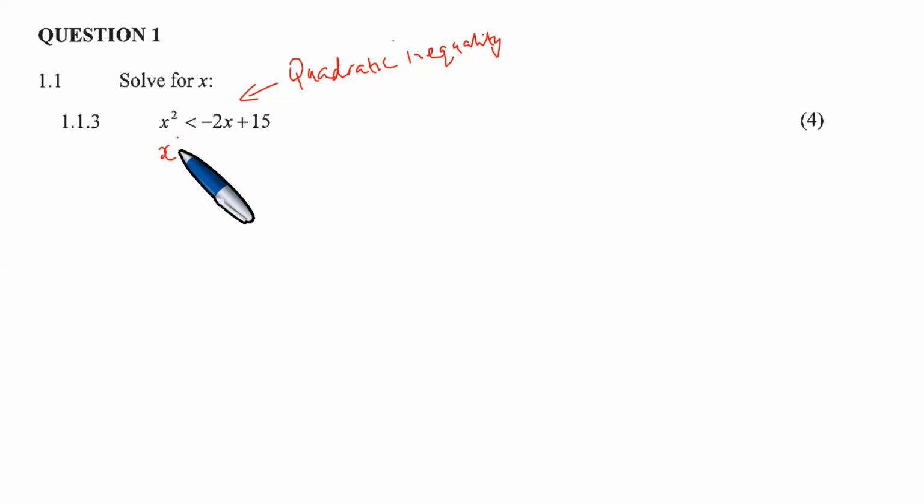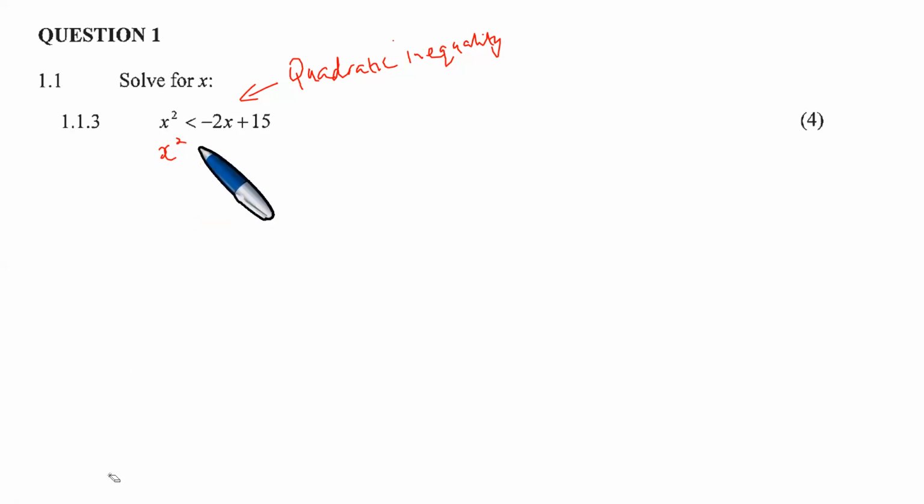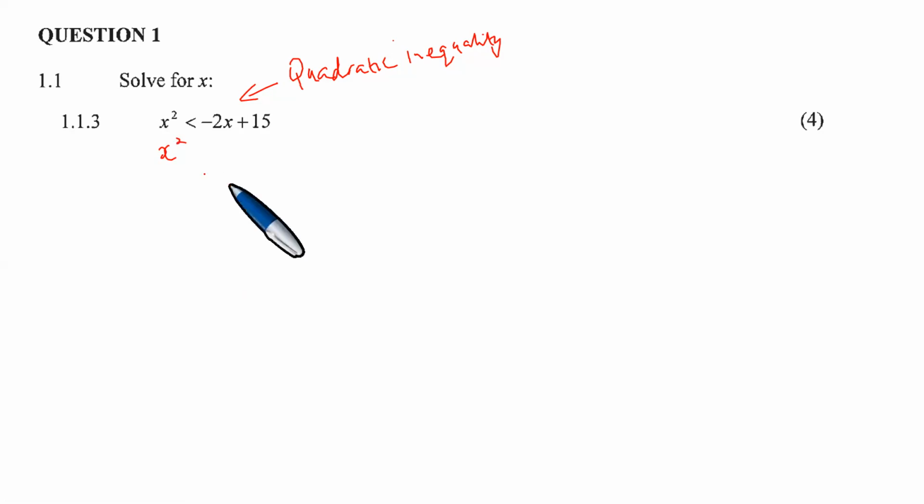So we have x squared plus twice x. Transposing terms, we have actually x squared plus twice x, and we transpose 15, and the result is negative.